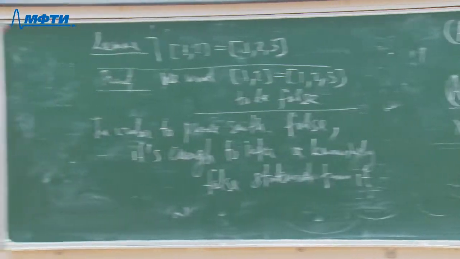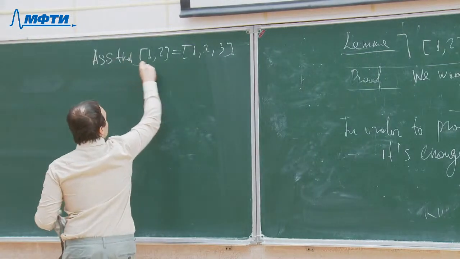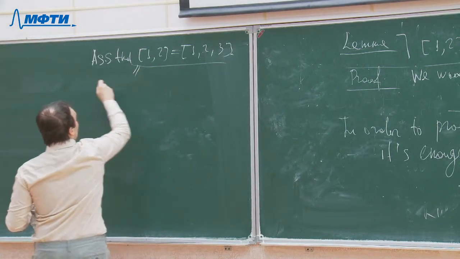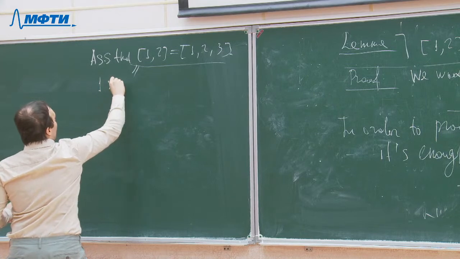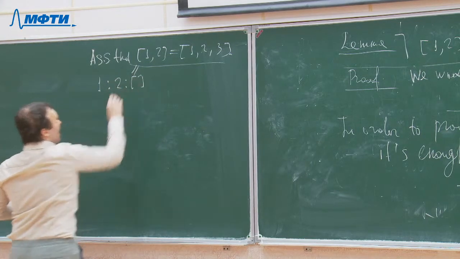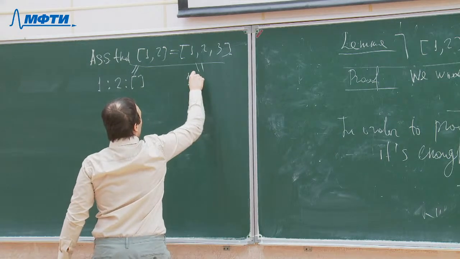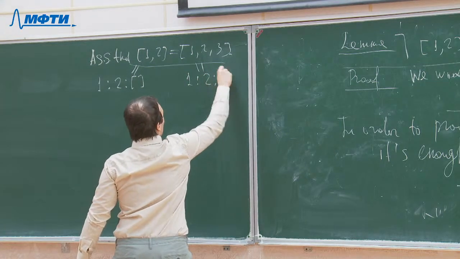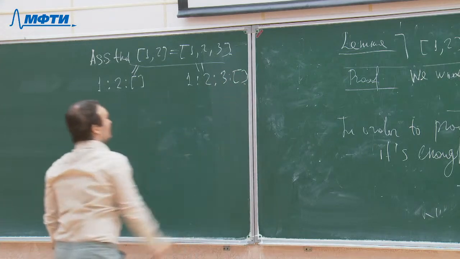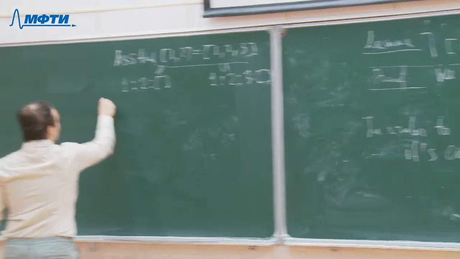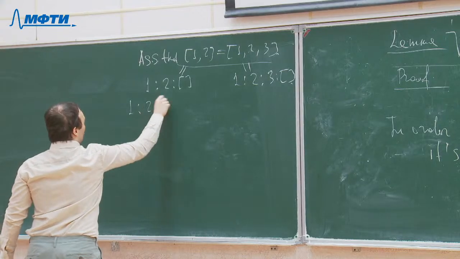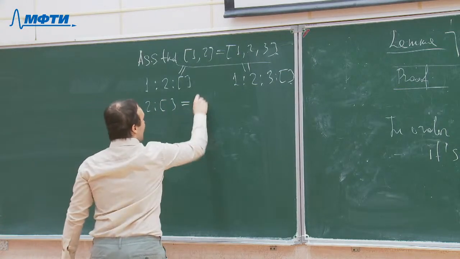So, assume that these two are equal, but this one equals what? 1, column, 2, column, empty string. This equals 1, column 2, column 3, column, empty string. I see here that these two strings are equal.